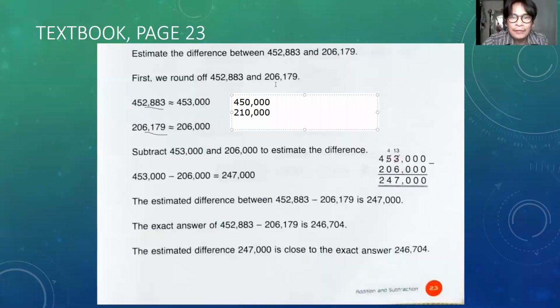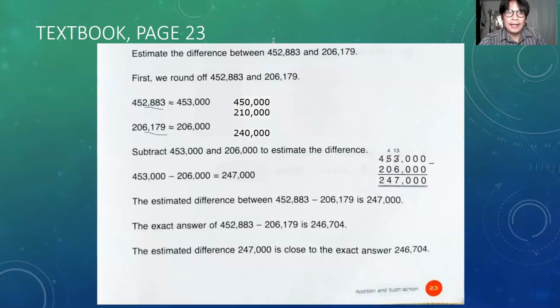The answer, when you subtract, is 240,000.